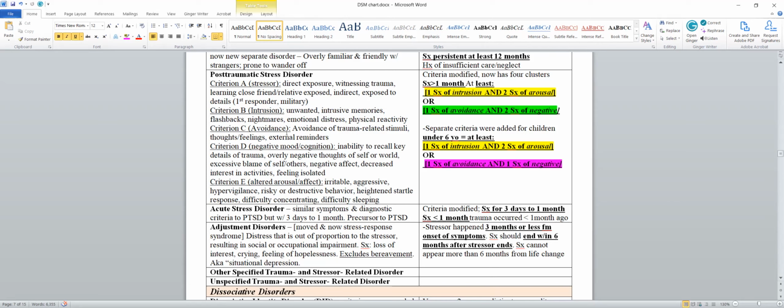Stressor happened 3 months or less from onset of symptoms, and symptoms should end within 6 months after the stressor ends. So symptoms cannot appear more than 6 months from life change.